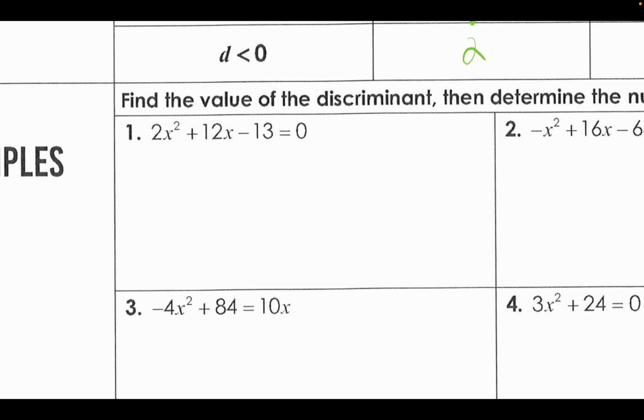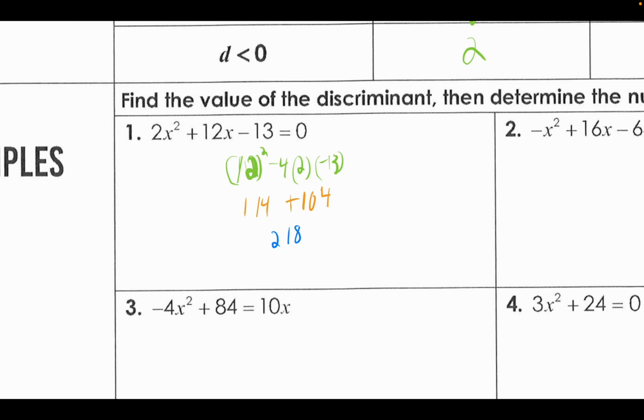And so here, if we do b squared minus 4ac, it's going to be 12 squared minus 4 times 2 times negative 13, which is 144 plus 104, and we get 248.